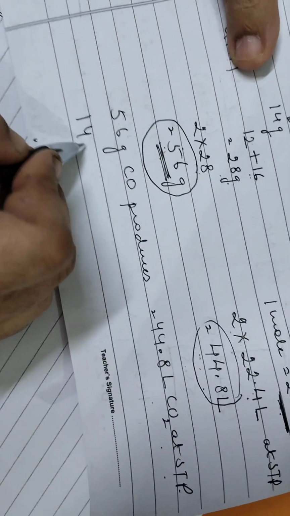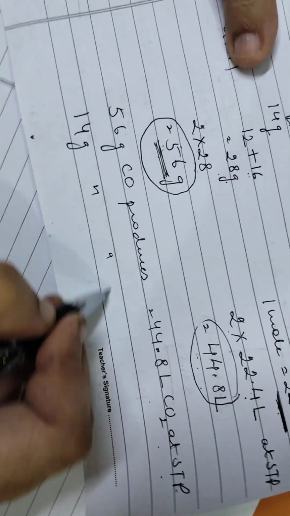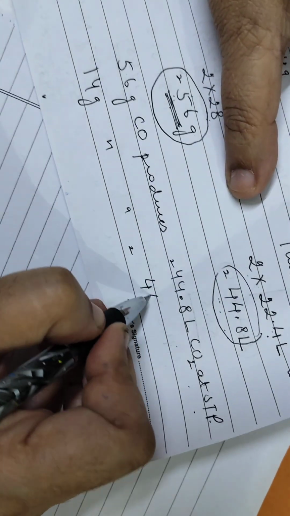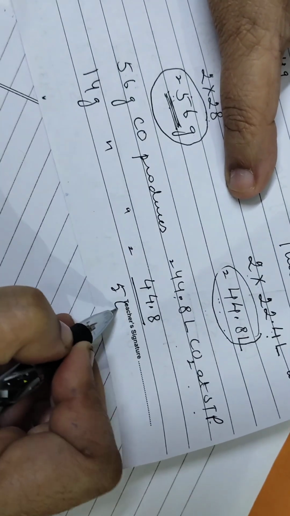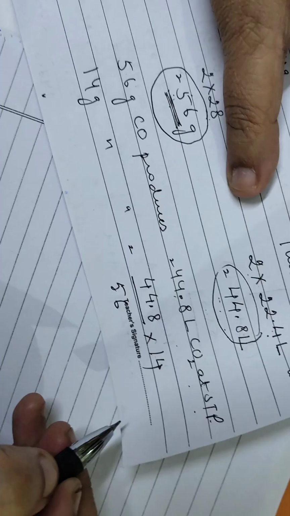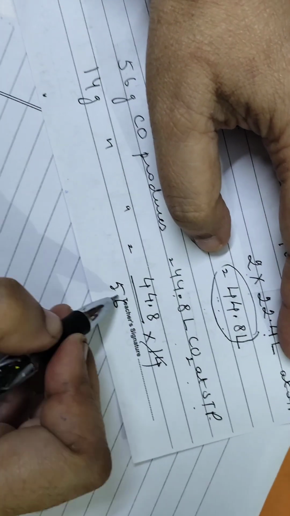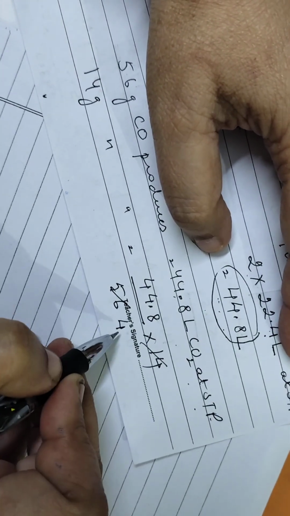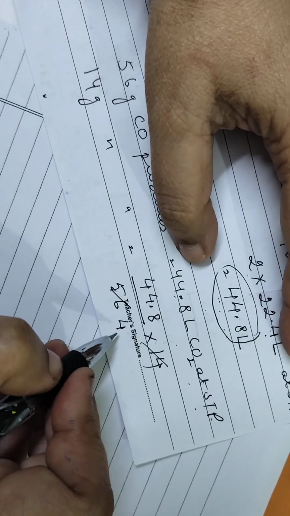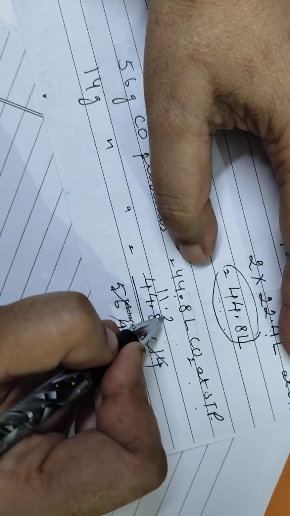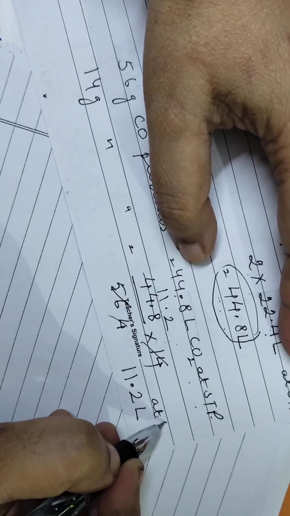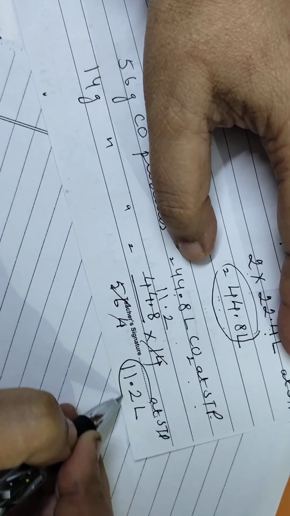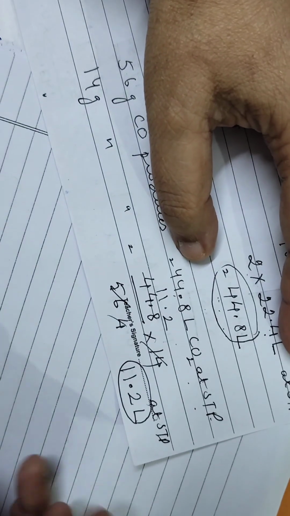So 14 gram of CO will produce, we will follow the unitary method, 44.8 upon 56 into 14. That is 14 4s are 56 और ये हो गया आपका 11.2 liter at STP. That is, the answer will be 11.2 liter.